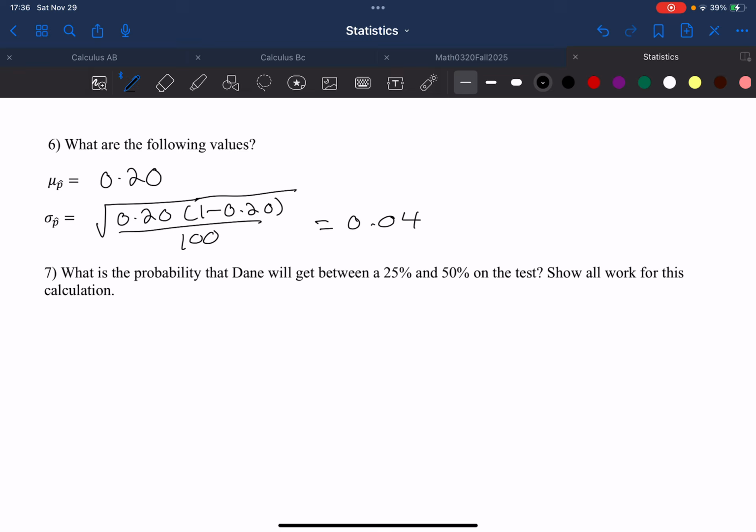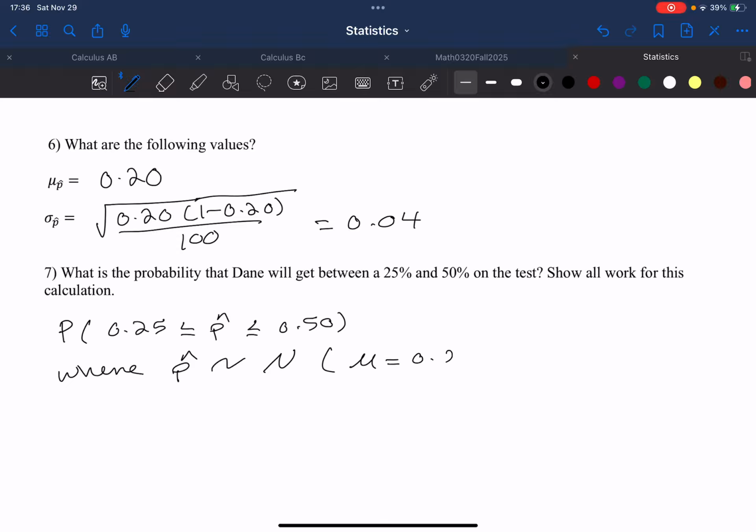Show all your work for the calculation. Well, we're trying to find the probability that 0.25 is less than or equal to p hat, less than or equal to 0.50, where p hat follows a normal distribution of mu equal to 0.20 and sigma equal to 0.04.